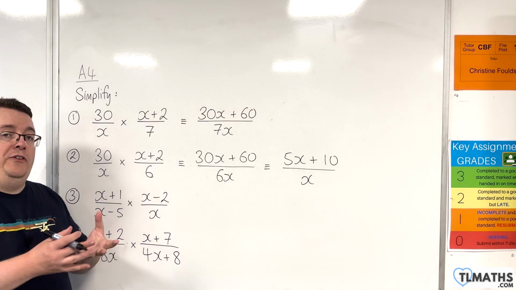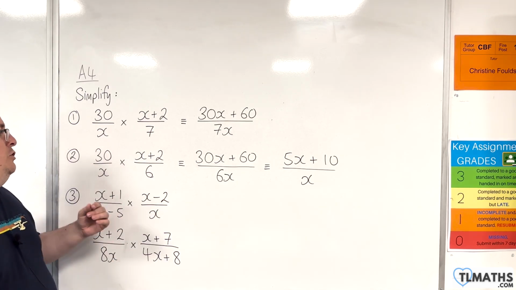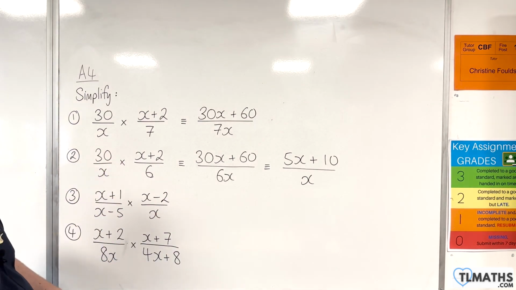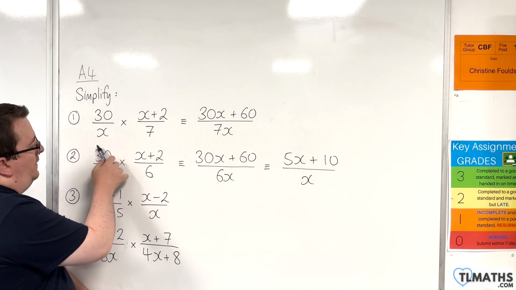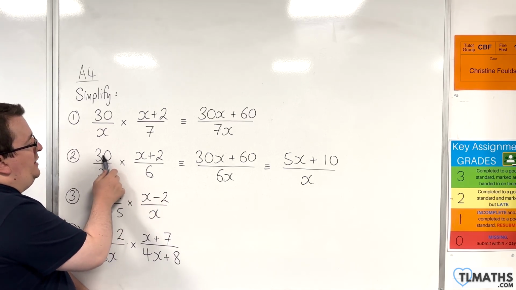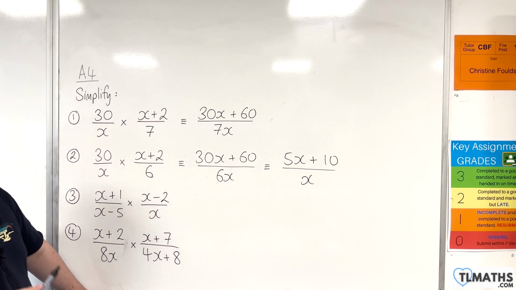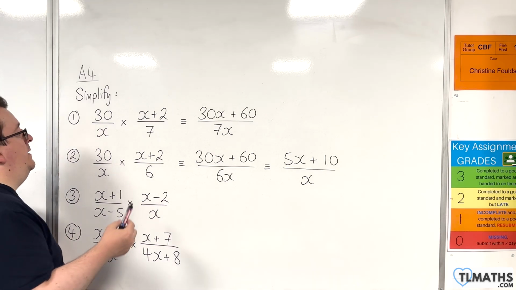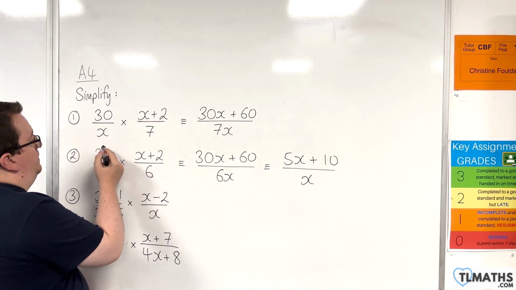Now that's spotting it at the end, which in this case was fine. You may spot it initially by looking at whether you've got a value here 30 and then you've got the value here 6, and you know that 30 and 6 have the common factor of 6. So you could potentially have divided through by 6 at this stage.